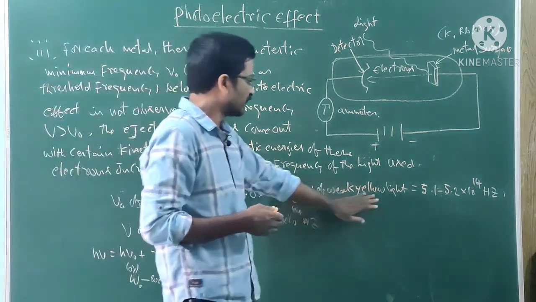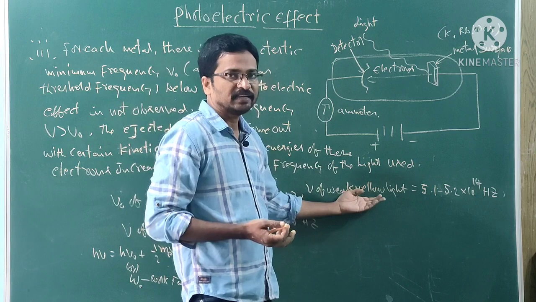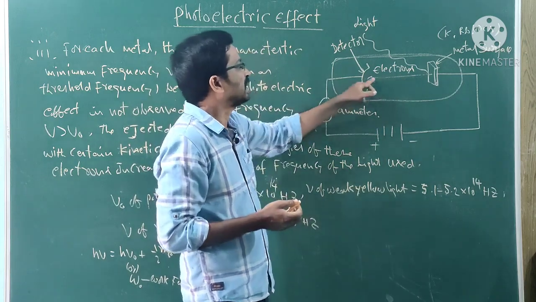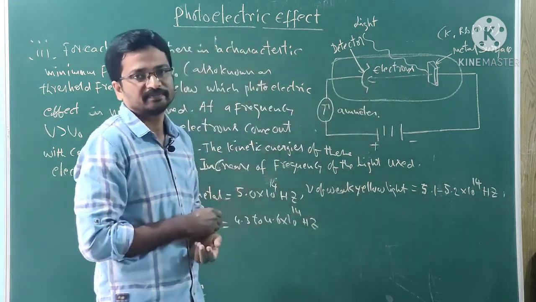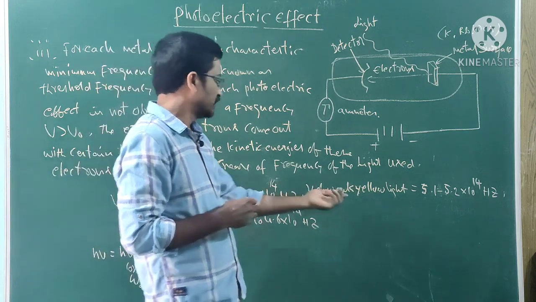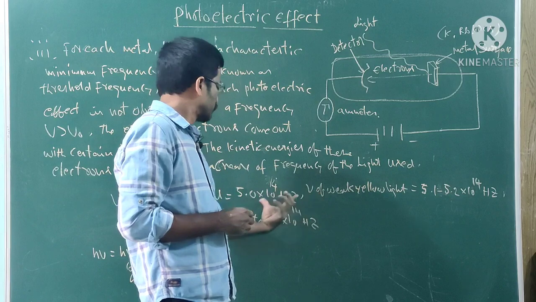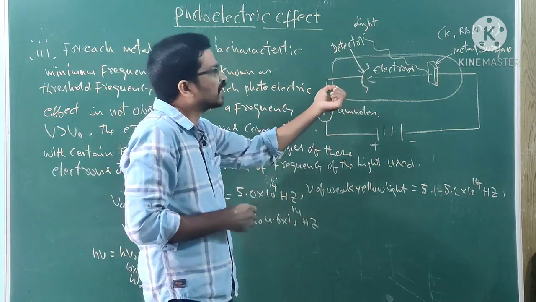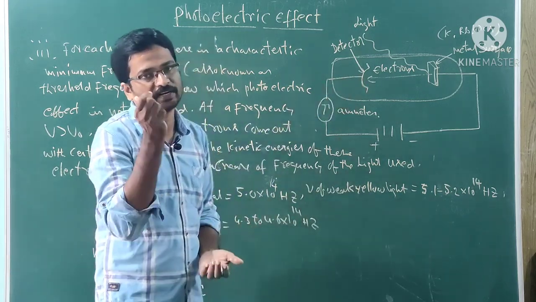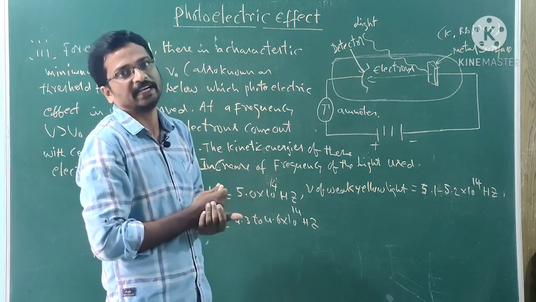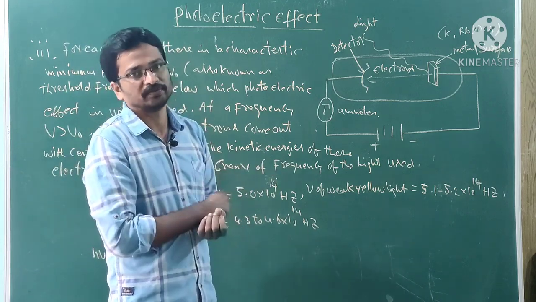If the frequency of light is very high, then the kinetic energy of the ejected electron is very high. If these two frequencies are equal, then ejection of electrons only takes place, but there is no kinetic energy; the movement of the electron is slowed down.